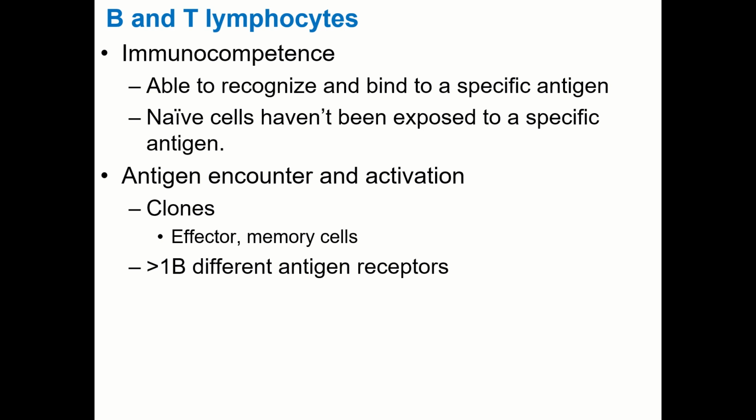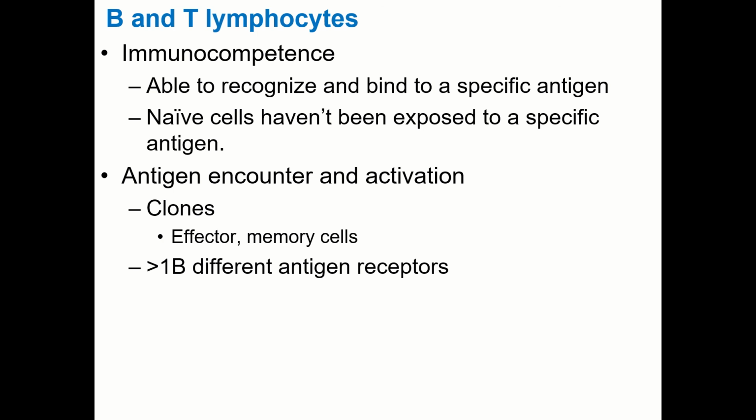And so between all those different receptors, if we've got more than 1 billion different combinations of receptor sites, one of them is going to match up closely enough with the spike proteins on the coronavirus that they'll be able to attack it.